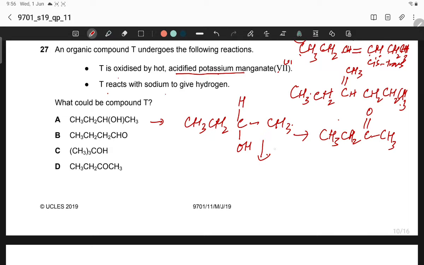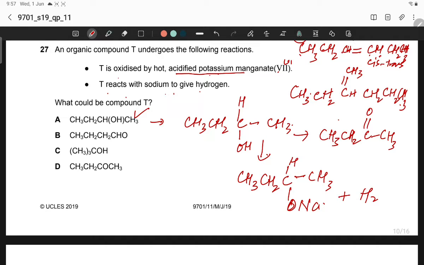Yes, it also gives CH3 CH2 CH CH3ONa. So it reacts with hot acidified potassium manganate as well as reacts with sodium to give an ONa compound plus hydrogen gas.